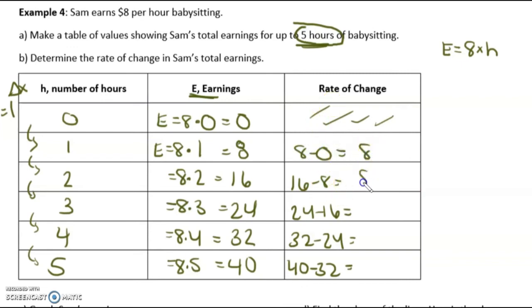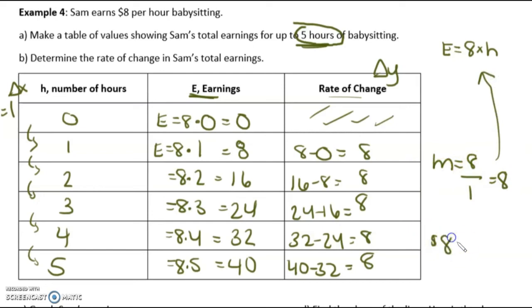Okay, so for all of these, we get 8. Okay, this is our change in y. So if you think about the rise over the run, we're going to have the 8 over 1, which is 8, which makes sense because she earns $8 per hour.